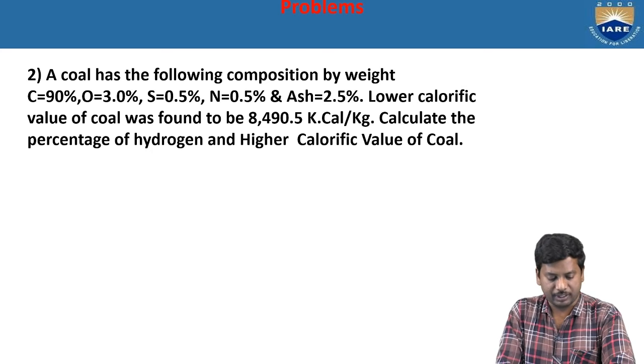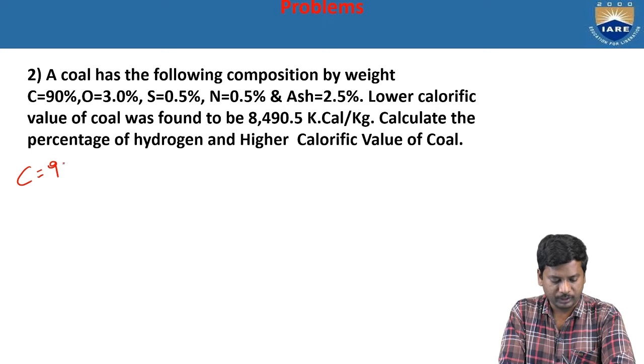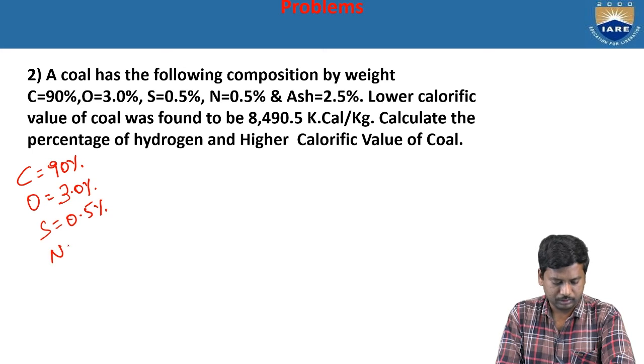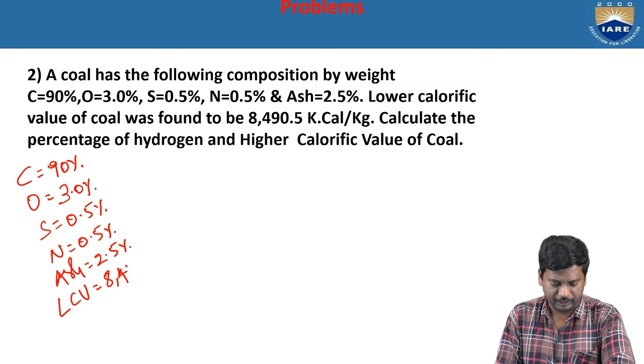Carbon is equal to 90%, oxygen is equal to 3.0%, sulfur is equal to 0.5%, nitrogen is equal to 0.5%, and ash is equal to 2.5%, and LCV is also given, that should be equal to 8,490.5 kilocalorie per kg.